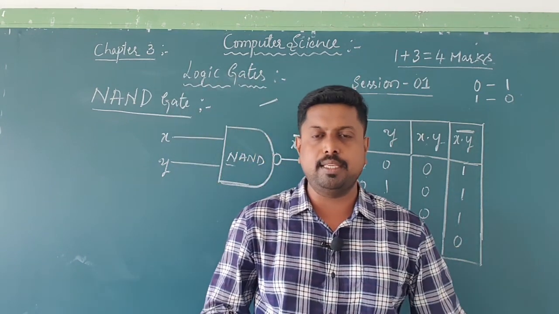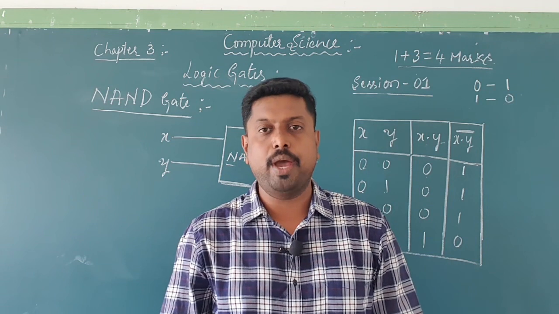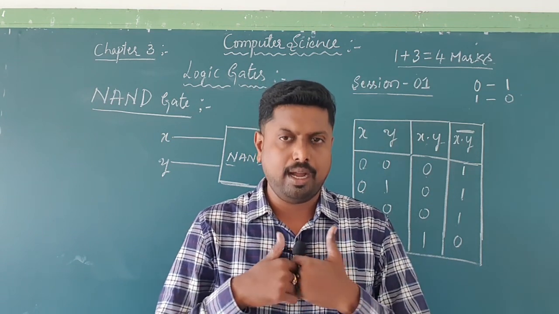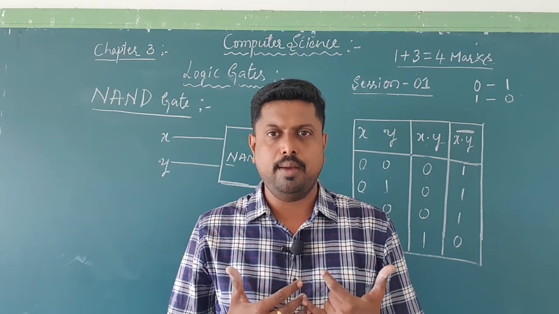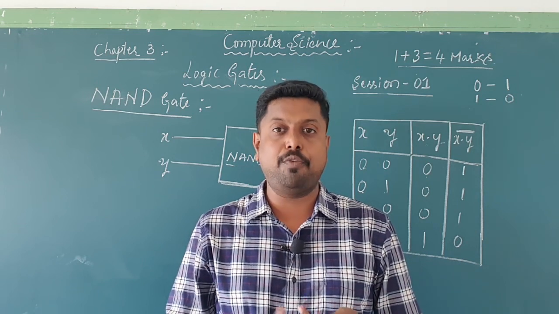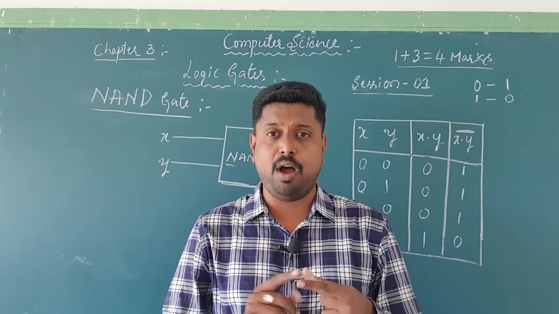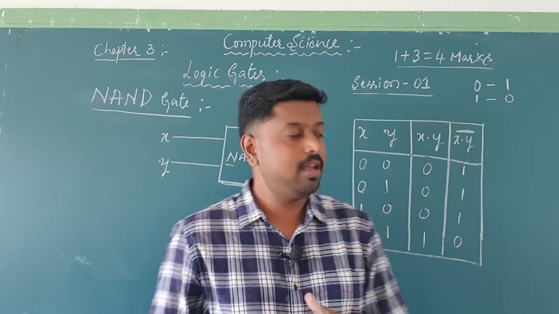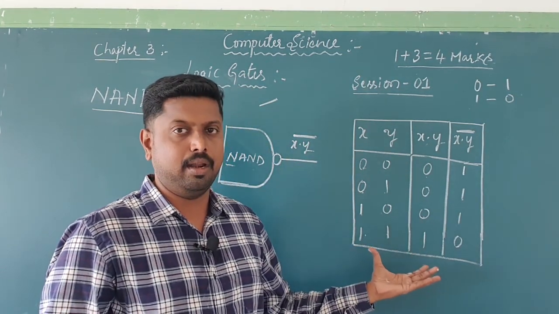If any one input is 0, the result is 1, and when both inputs are 1, the result is 0. There is no fixed procedure. You can explain with the help of 1 and 0, with true and false statements, and also with high and low. Use any of these words and explain this truth table.